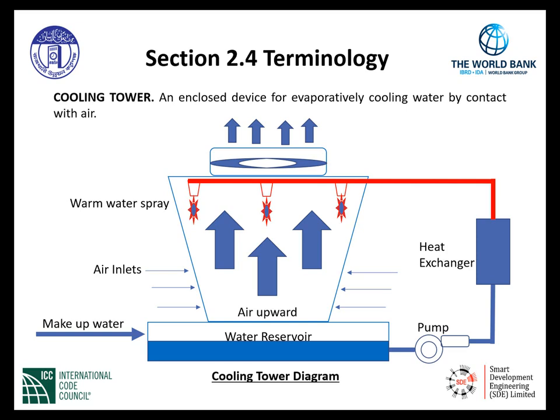Upon being cooled down, the water picks up the heat from the condenser in the chiller, and we have the warm water outlet of the heat exchanger that is piped to the nozzles on the top of the cooling tower. The nozzles spray this warm air in direct contact with airflow coming from the fan power of the cooling tower.